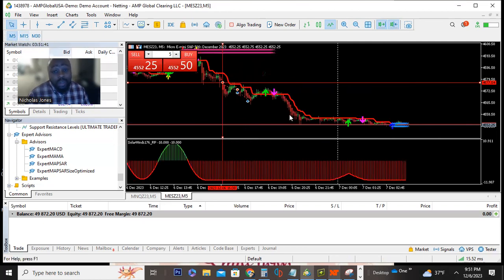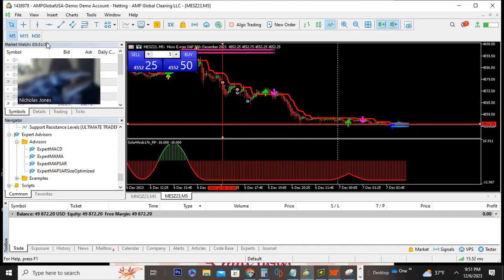As you can see, everything's moving sideways. This is a sandwich movement, a wedge where the market is moving sideways like this.